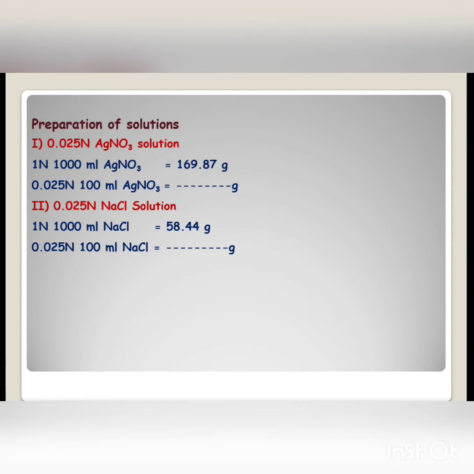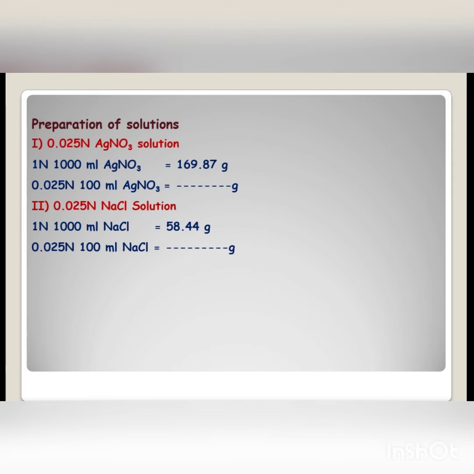Now here the reaction of standardization is given. Before using the reagents, we have to do the standardization of the reagents, and we will do the standardization of silver nitrate against sodium chloride, and the reaction between them is NaCl plus AgNO3, which will give you a white precipitate of silver chloride plus sodium nitrate.